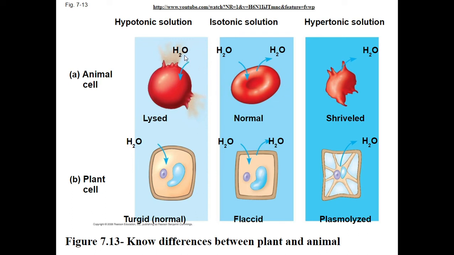But maybe this cell finds itself in a batch of pure distilled water. And pure distilled water is neat because it has zero stuff in it besides water. It's got zero solute. Because there's a lot of stuff inside the cell and no stuff outside the cell, water will rush through this selectively permeable membrane to try and even out the concentration gradient.